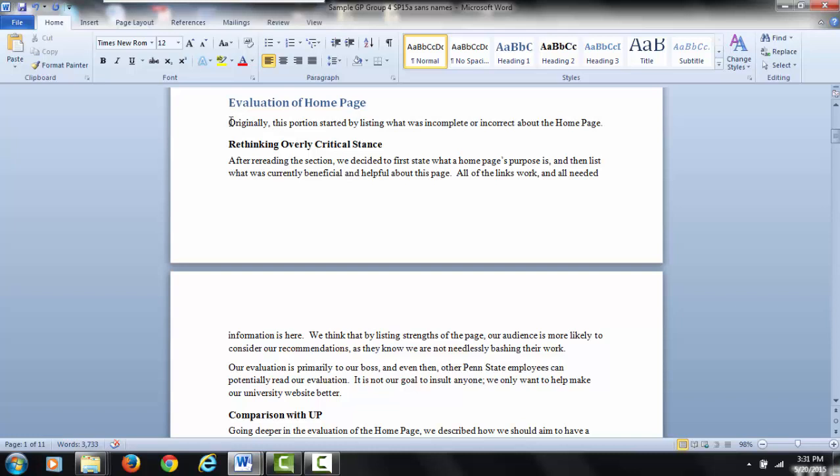So what I'm talking about here is that this is the section intro, and there's no forecast for rethinking overly critical stance, comparison with UP, etc. This cover memo is of the size where a writer will need to make a decision about the point of diminishing returns for creating completely functioning cohesive textual forecasts of the second level headings to follow. What I mean is that there comes a point where the material that you are presenting will actually be less involved than the cohesive forecast you would need to create to forecast it.